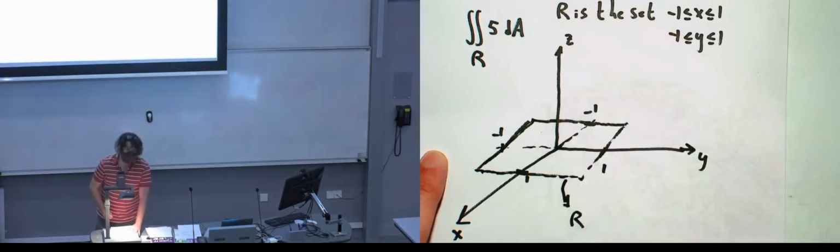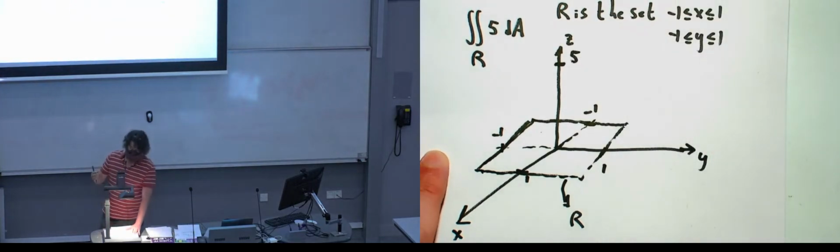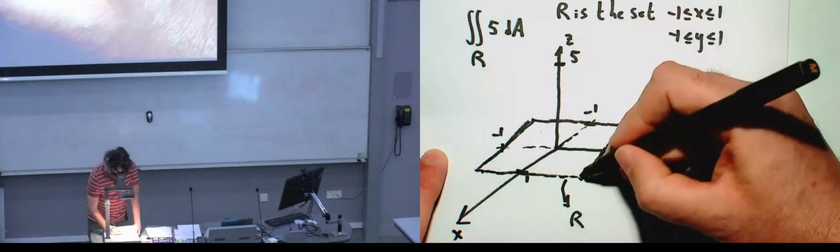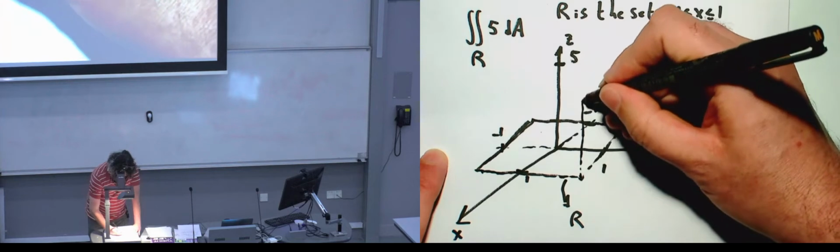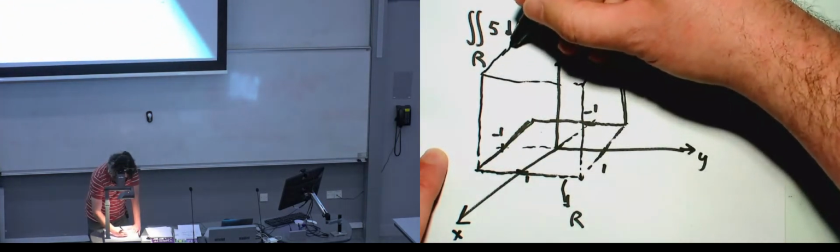And then the function that we're integrating, the integrand, is constant 5. And so the double integral represents the volume above the region R and below the graph of this function, which is just constant 5. And so this is actually the volume of a cuboid with height 5.